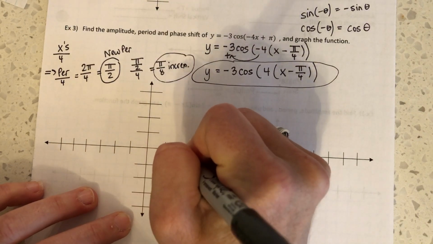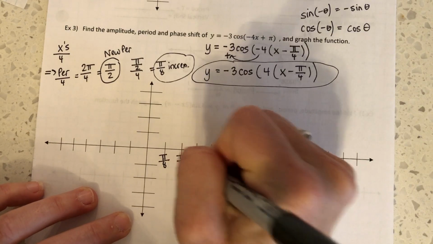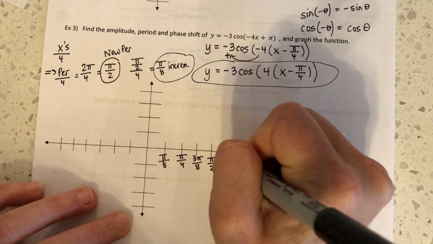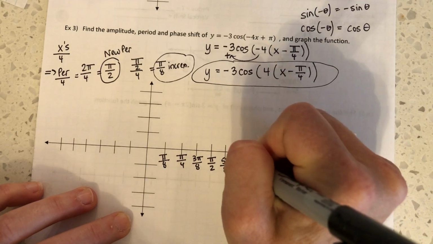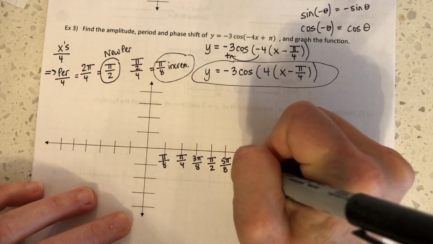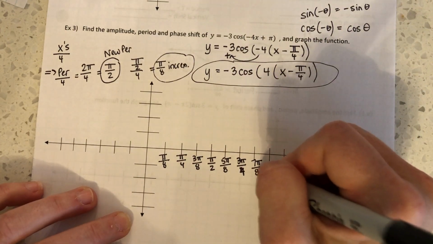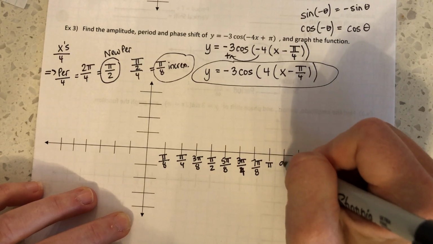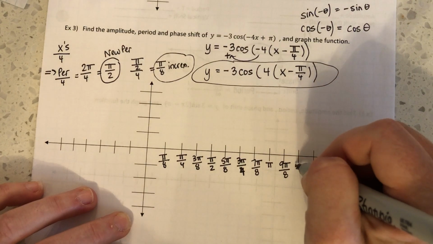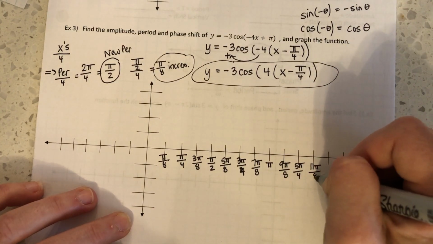1 pi over 8, 2 pi over 8, 3 pi over 8, 4 pi over 8 reduces, 5 pi over 8, 6 pi over 8 reduces, oh, that's a 4, sorry. 7 pi's over 8, 8 pi's over 8, 9 pi's over 8, 10 pi's over 8 reduces, 11 pi over 8, and so on.